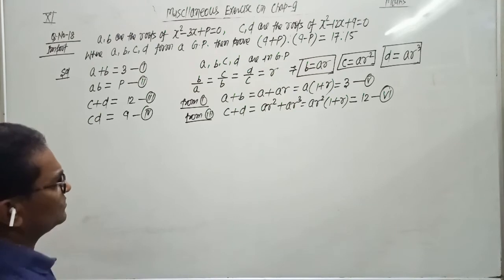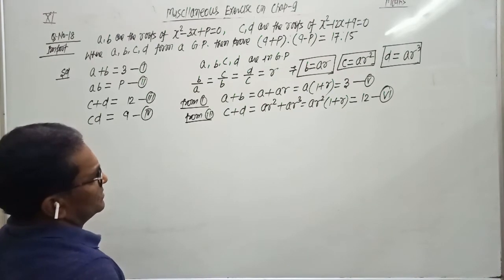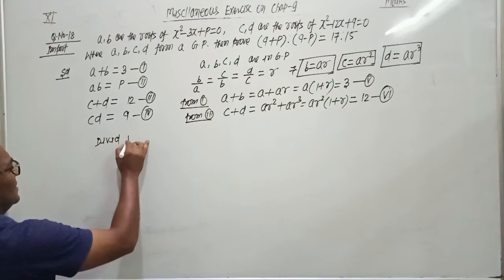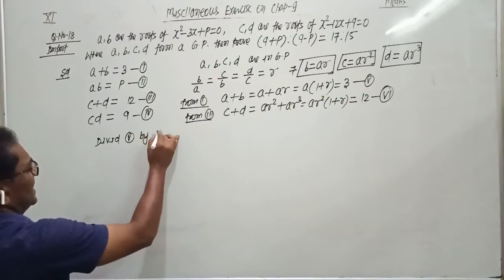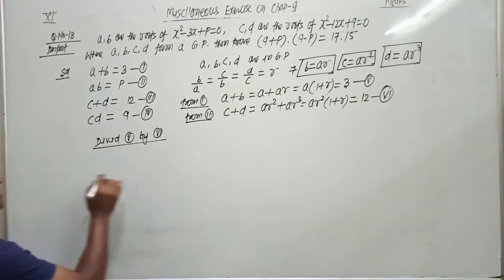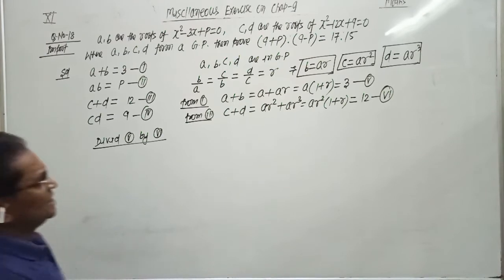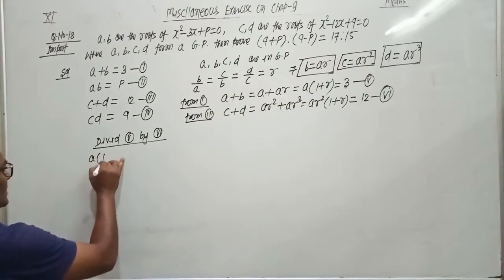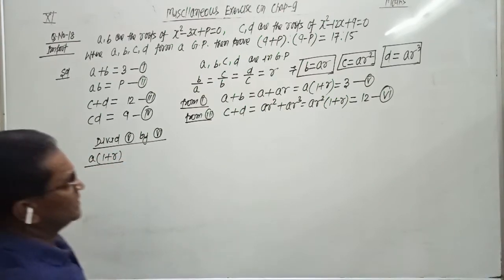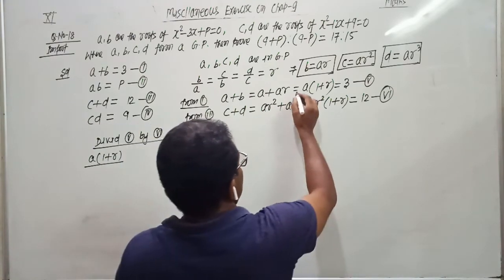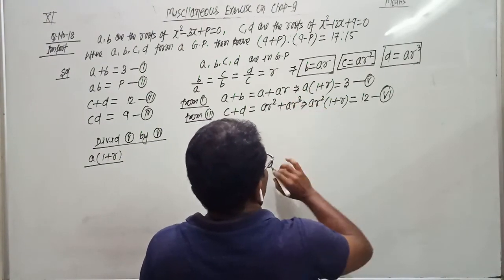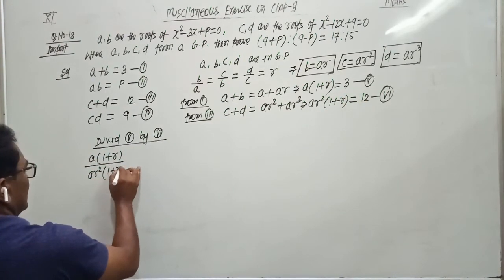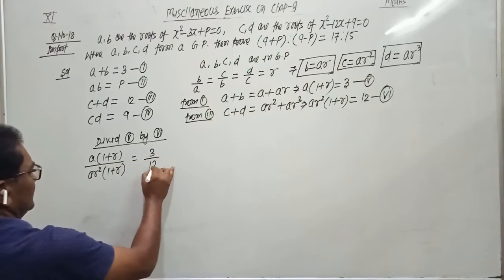So we calculated the value of A plus B and C plus D. Now divide fifth by 6. Divide equation number 5 by equation number 6. So we get A into 1 plus R divided by AR square into 1 plus R equals to 3 by 12.